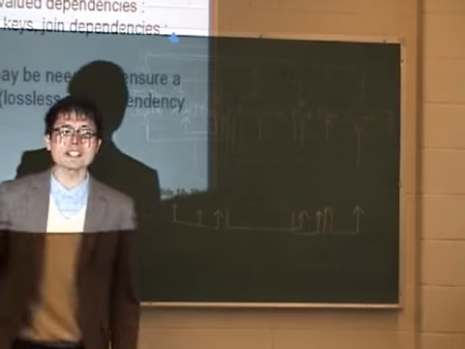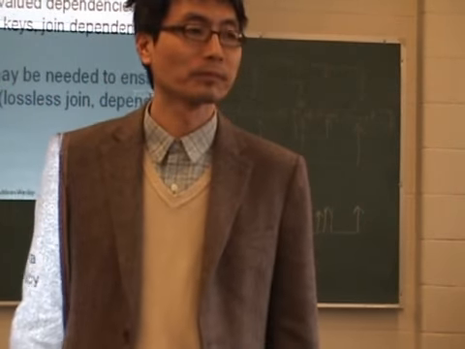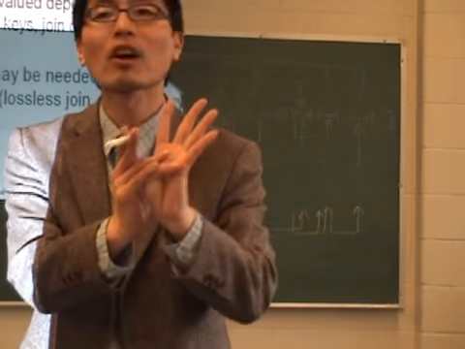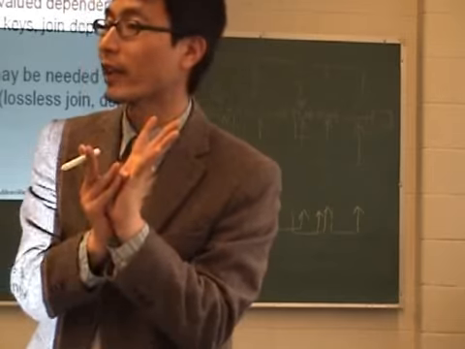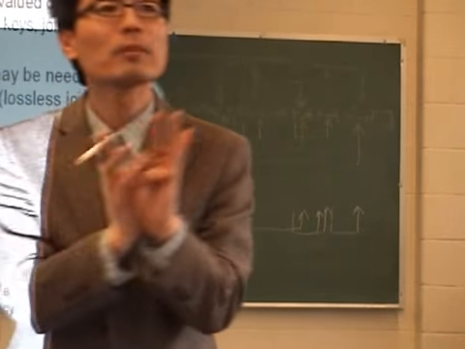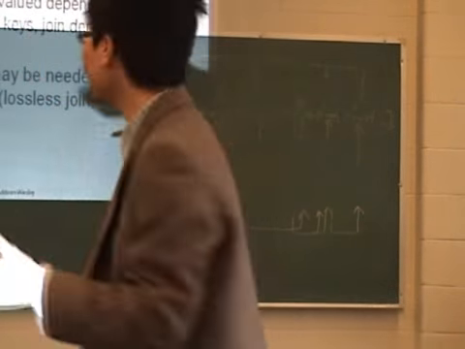How many keys do we have for each relation? Sometimes many. Like the social security number can be a key of employee, and employee ID can also be a key of employee, right? Sometimes it has many keys.